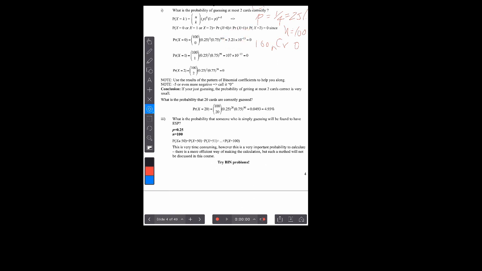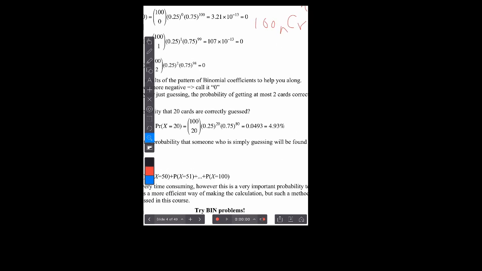This is 3.21 times 10 to the negative 13. It means that you have to put 13 decimal places in front of 10. So it really will have 11 zeros in front of 1 as a decimal being multiplied by this. So it's a small number, that's the point.